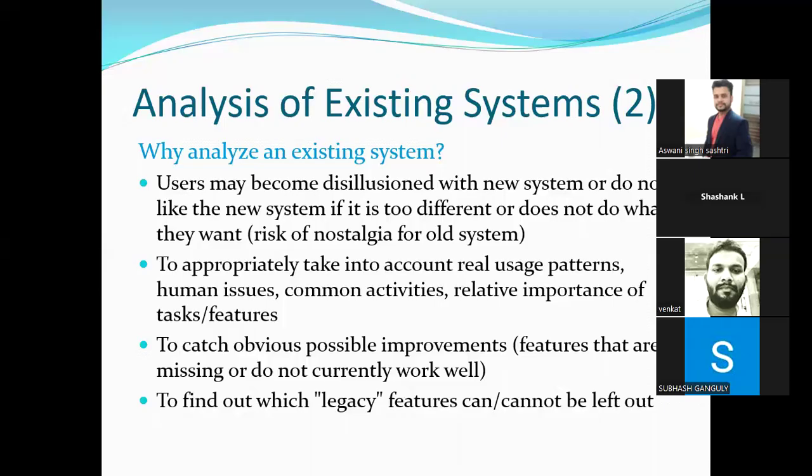Second, to appropriately take into account the real usage patterns, human issues, common activity, relevant importance of tasks. So whenever we are doing the analysis of existing system, we should also consider what the real use of this application is. Are we facing any kind of human issue or any common issue? And what is the importance? There are some features that will be very important for us.